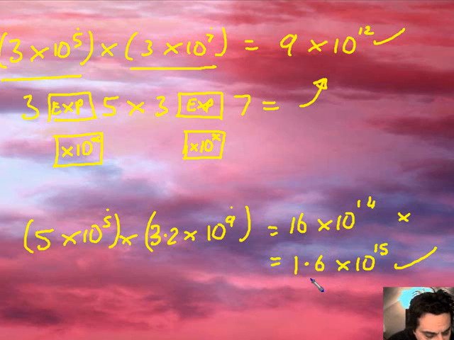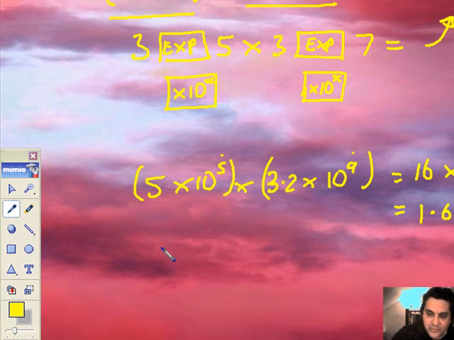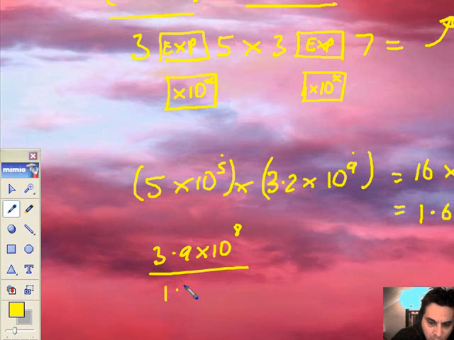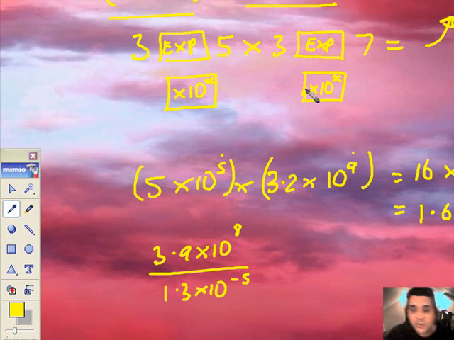What else we got? Let's do something more challenging. I've got 3.9 times 10 to the power of 8 divided by 1.3 times 10 to the power of minus 5. Now again, I can use all these EXP buttons if I want to, or the times 10 to the power of x buttons if I want to.